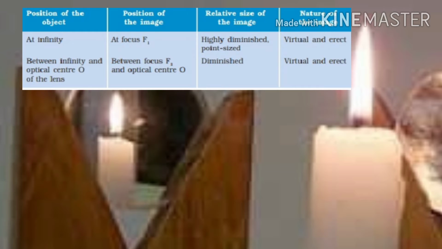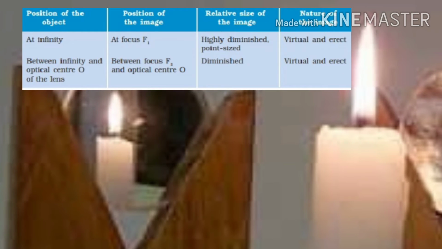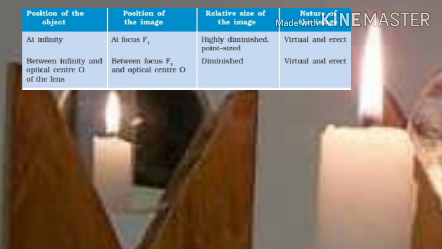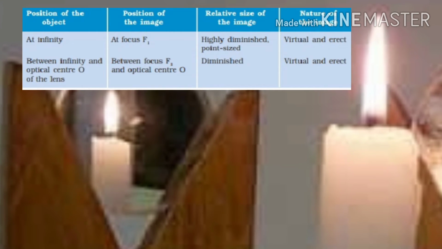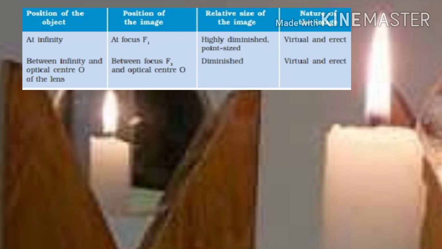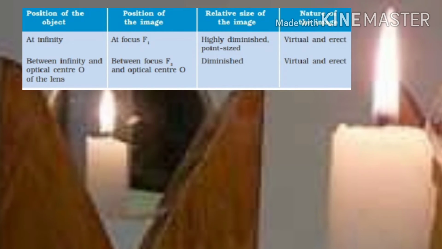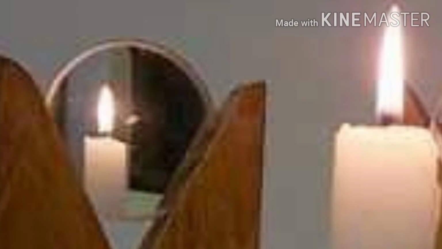And if you place the object between infinity and the optical center O of the lens, the position of the image will be between f1 and optical center O, and the relative size of the image will be highly diminished, and the nature of the image will be virtual and erect.